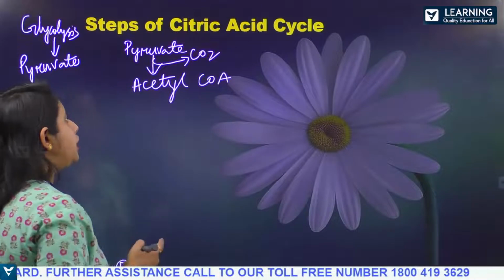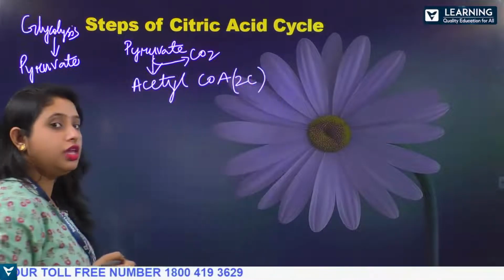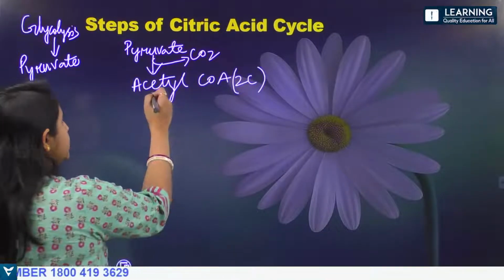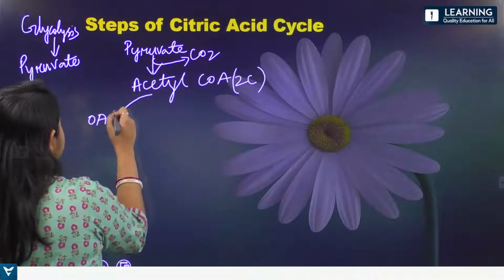One carbon dioxide gets released, and it leads to the formation of a 2-carbon molecule. Now this acetyl coenzyme A will combine with oxaloacetic acid.